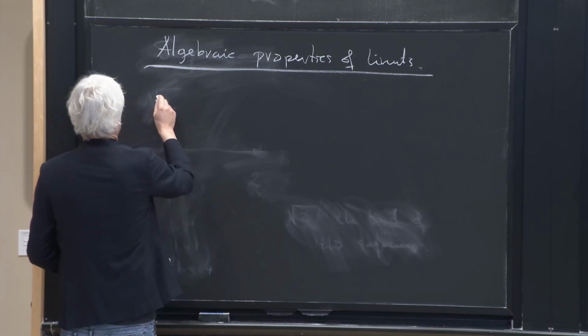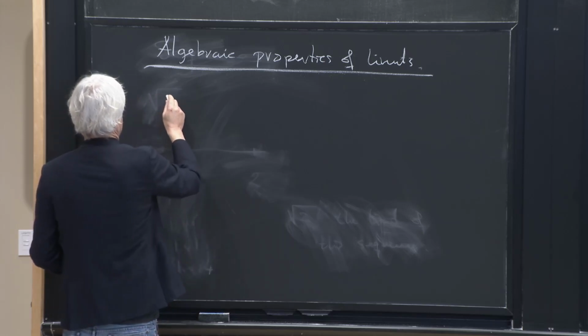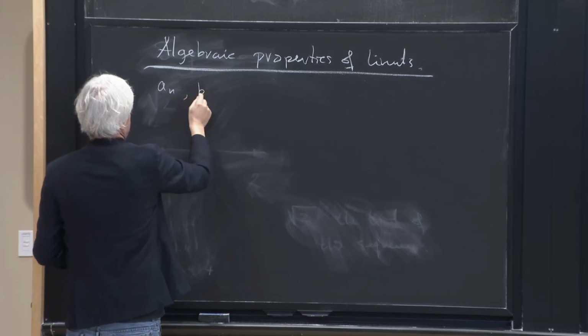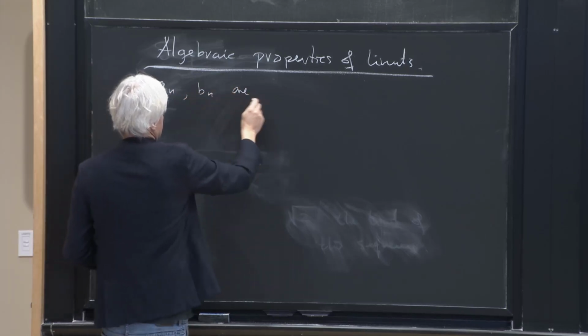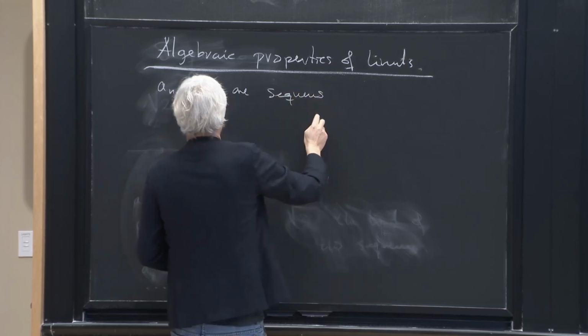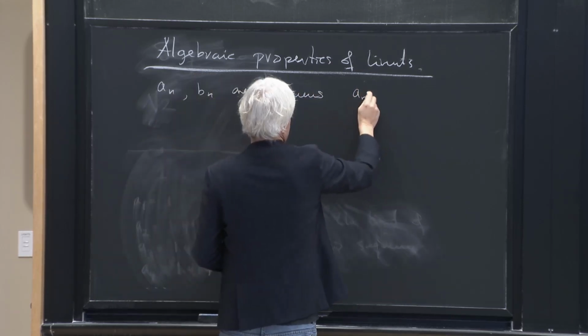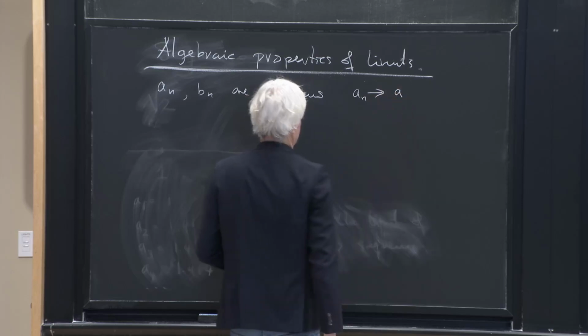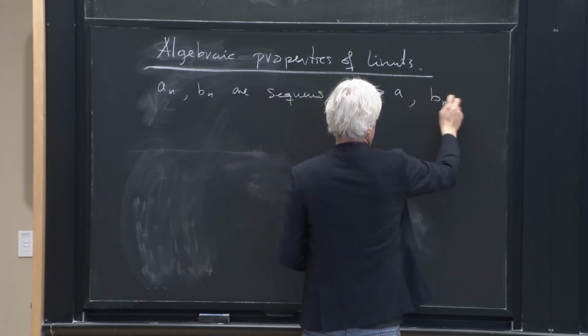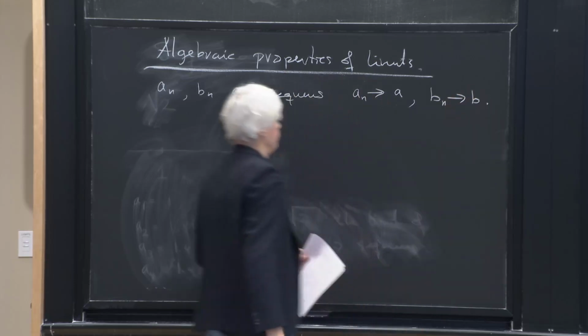And the first one is that you take a sequence. So maybe I'll just say throughout, a_n and b_n are sequences, and a_n is convergent to A, and b_n is convergent to B.